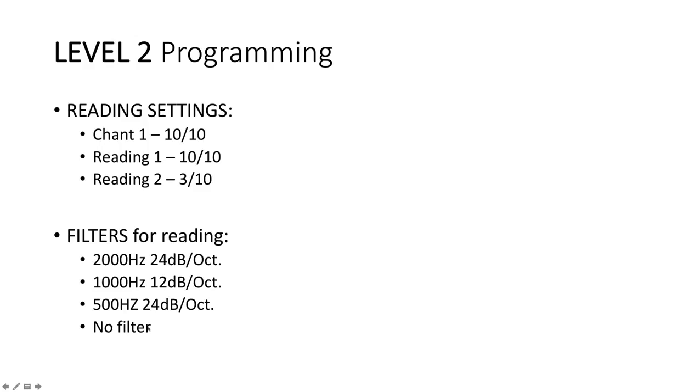If the hearing losses are important, you adapt one of these filters according to where the hearing loss starts, so you are under the hearing loss. And you can use it with epileptic people in reading 2, and also in reading 1, if they already did reading 1 with a filter.